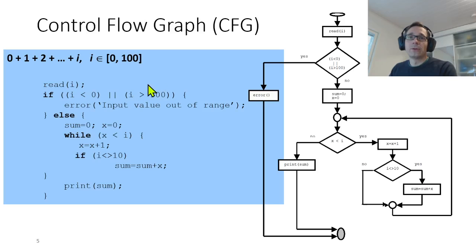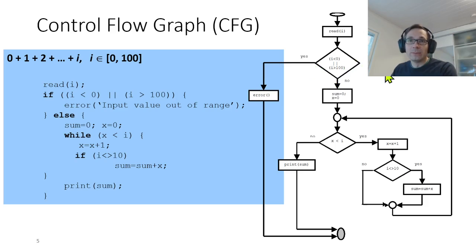So in a control flow graph, statements that do not test any conditional, that do not have any branches, are represented by these boxes here. For example, read here, the error output here, the setting of the sum and the x values here. Then conditional branches, if else, are represented by these diamonds, and we can always see 2 arrows leading from them.